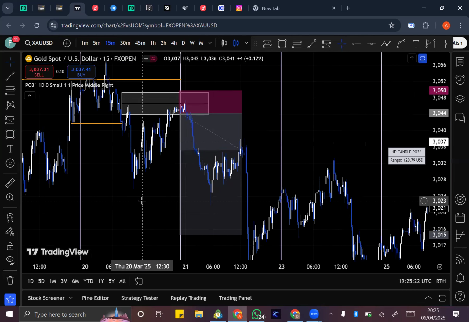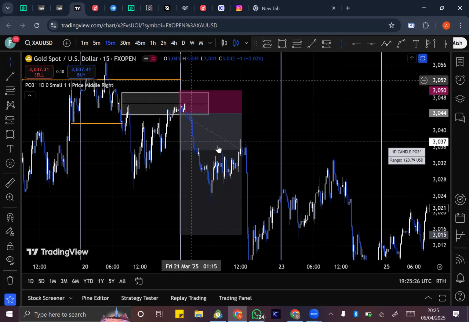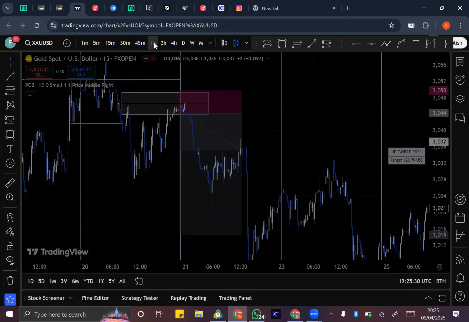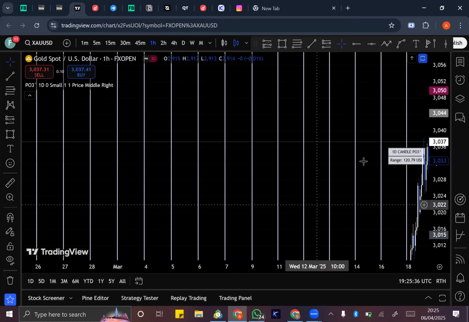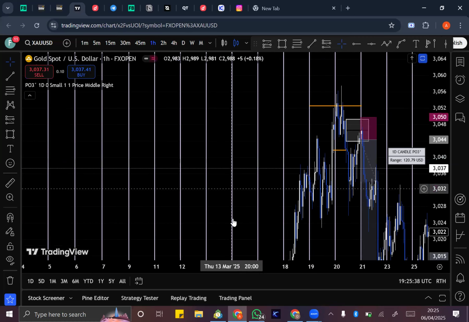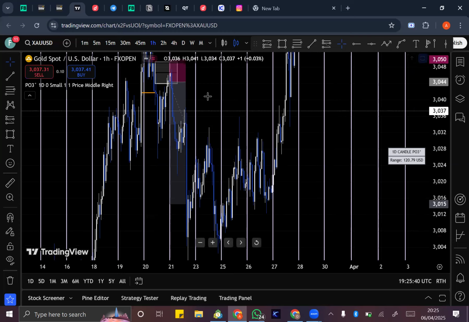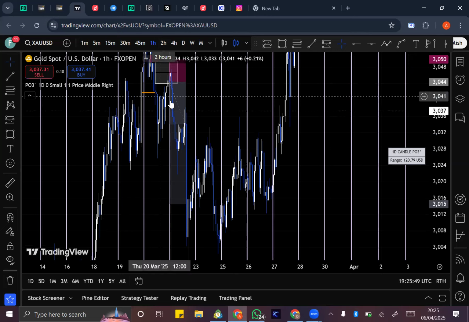So it's just so simple for you to understand candlesticks, because in 1 hour it's going to give you 24 candles, which is daily. So in 2 hours you divide it by two, which is 12, which is 24 hours.